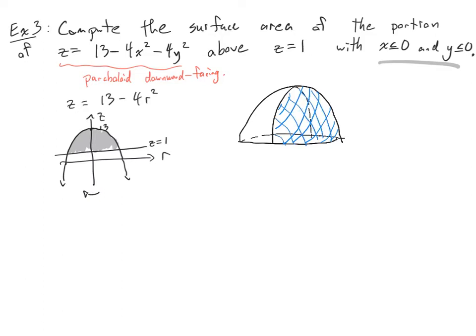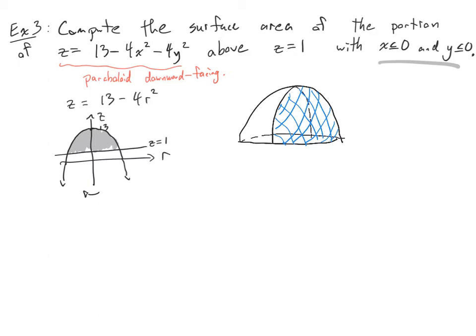So not the back, not the right and left, right? I'll just do that by dividing by 4. So we're going to integrate over the whole disk. Cool. So let's figure out how to compute this.